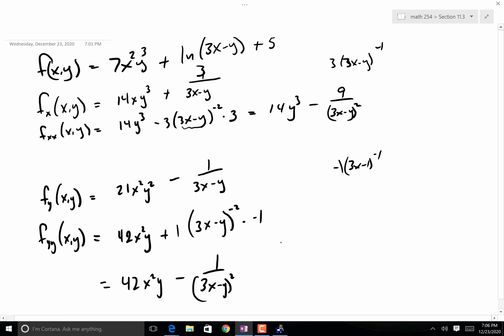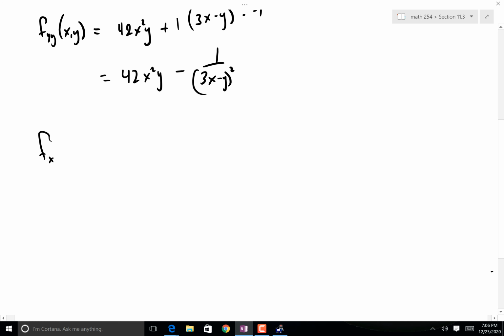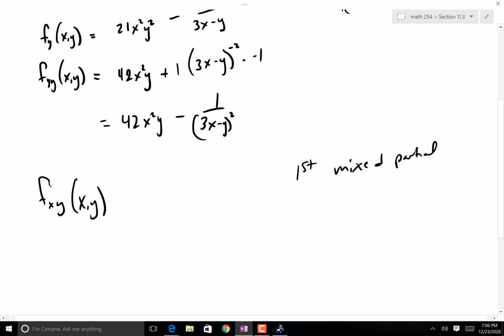Now, there is another kind of derivative that we are going to look at. And, oh, for God's sakes. All right. And the second kind is this guy. And it's called the first mixed partial. It has a very useful purpose, and we're going to look at that in section 11.7 primarily.